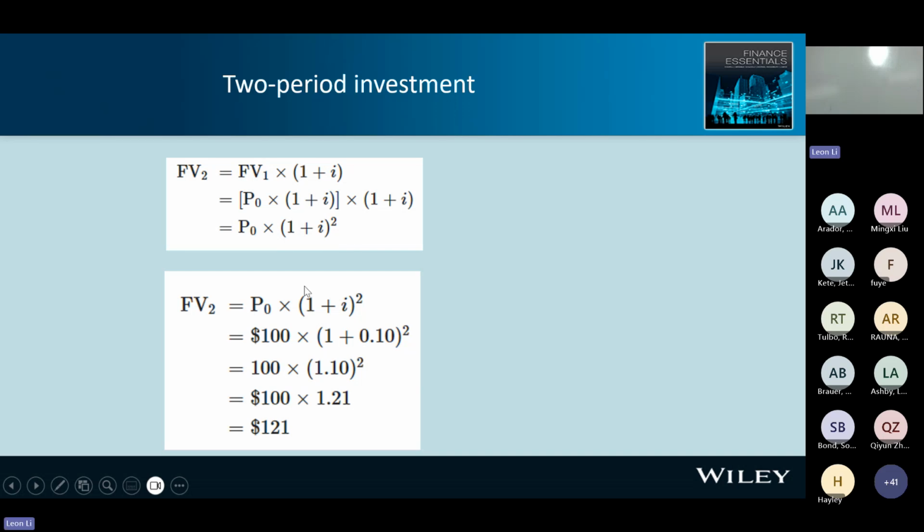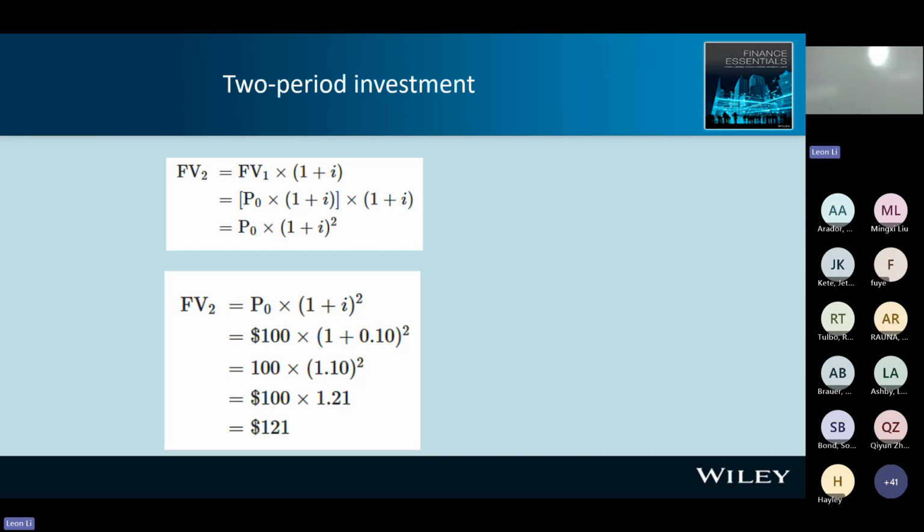In our example, principal $100, interest rate 0.1, and our time is 2 periods, power of 2. Finally, our result is $121. Again, I think this example should be okay for our students.